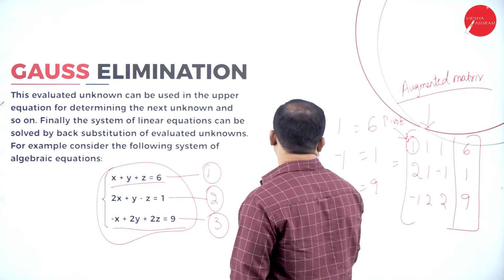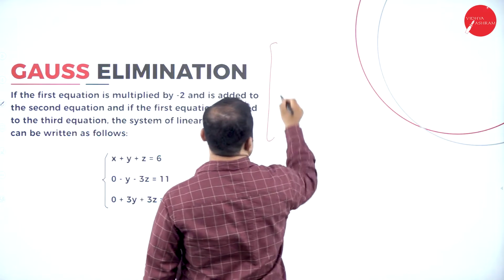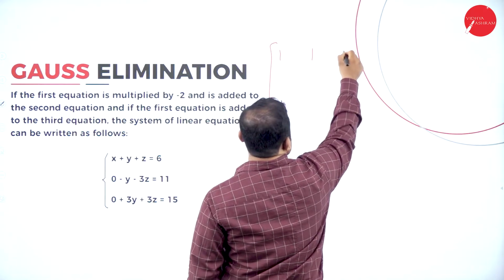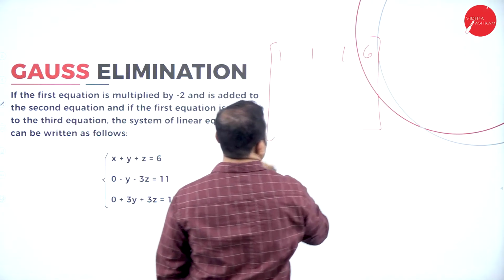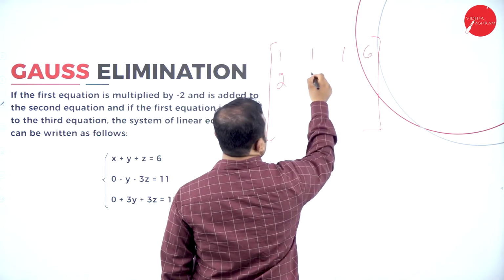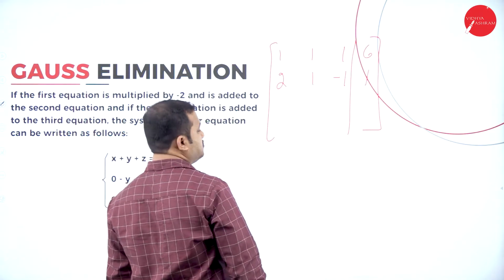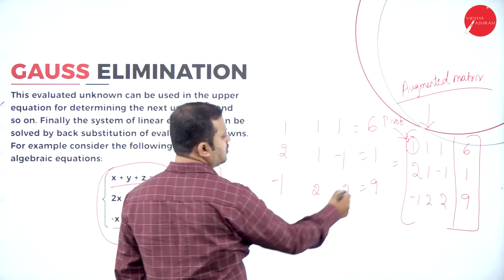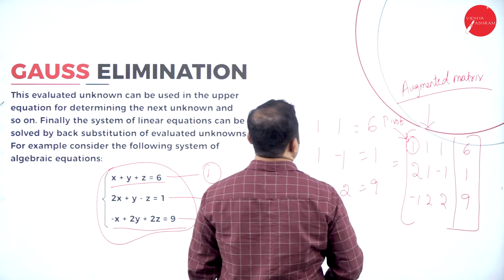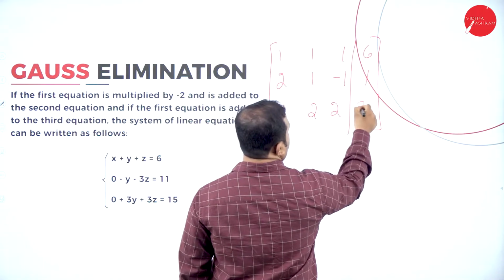If that is the case, let me rewrite the same equation, that is 1, 1, 1, 6, that is the augmented matrix, 2, 1, minus 1, 1. Next we have minus 1, 2, 2, 9.